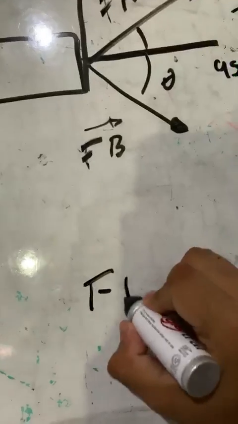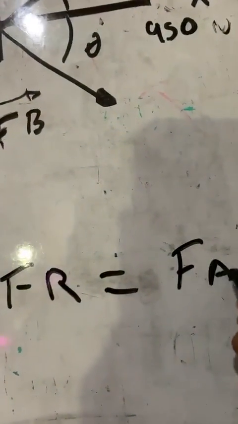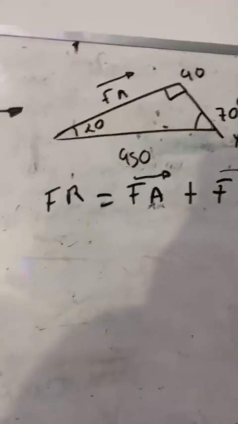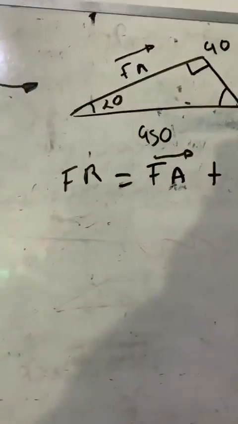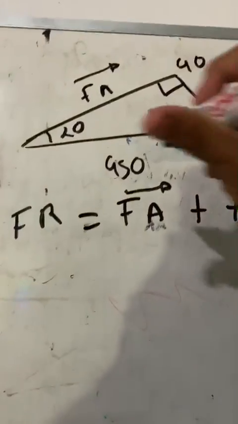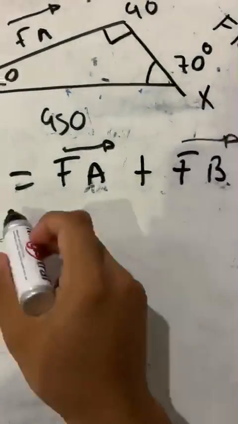So we know that the resultant force is equal to force A plus force B. So normally if we want to calculate the resultant vector, we have to sum the force A and force B. This is the equation.